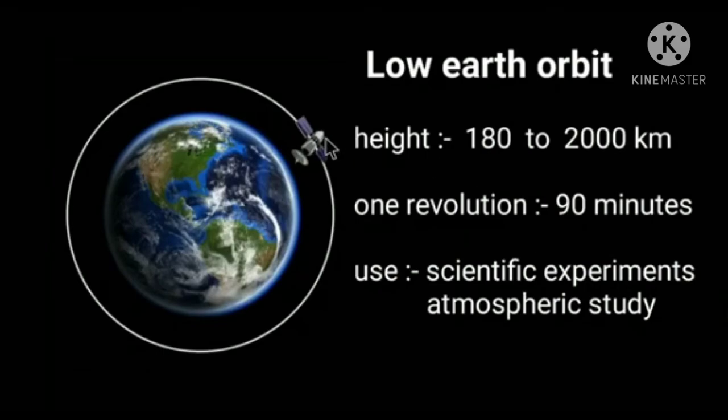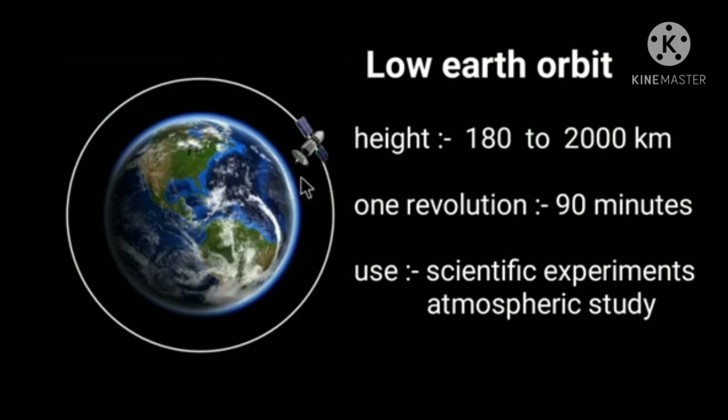Now the next is low Earth orbits. If the height of the satellite orbit above the Earth's surface is in between 180 km and 2000 km, the orbits are called low Earth orbits. So this satellite is very close to Earth as its height is very low, between 180 to 2000 km.